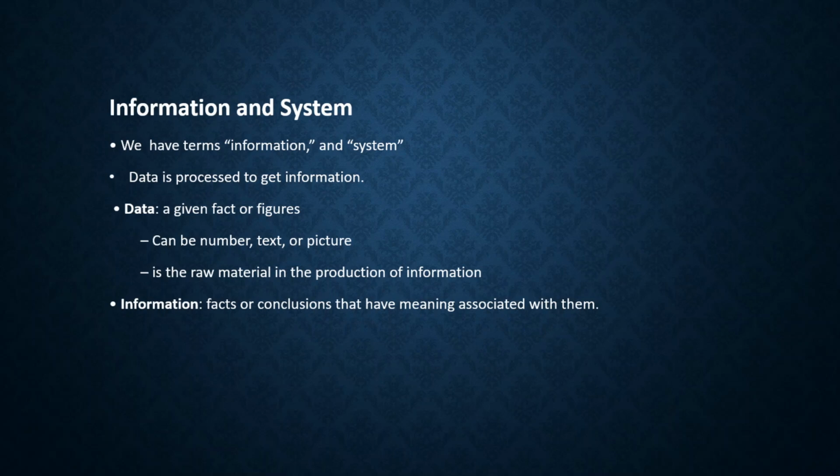So you know about information. What is information? When the term information comes, we need to know something about data. Data means some raw facts or figures. Data can be text, a number, a picture, and so on.